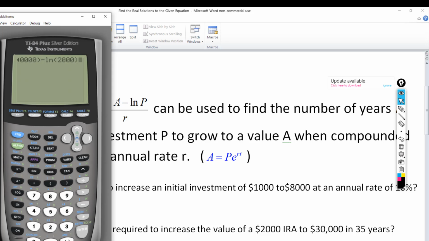Okay, so that's the numerator part here. Hit enter. And then we're going to divide that. Remember, we want to find R. So R is over here, and this is now T. So dividing by T, years, that's 35.